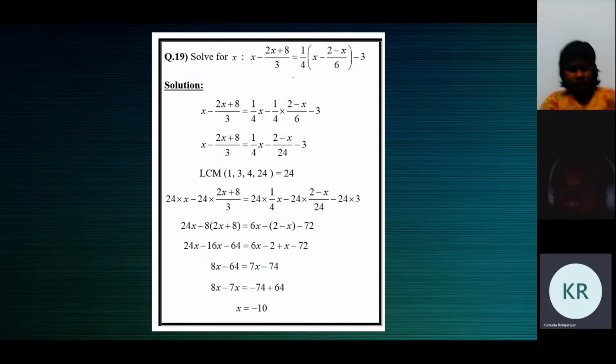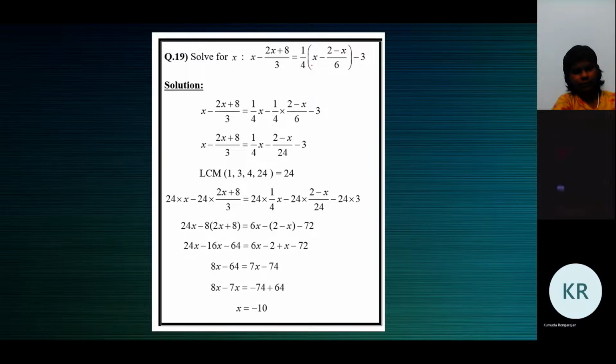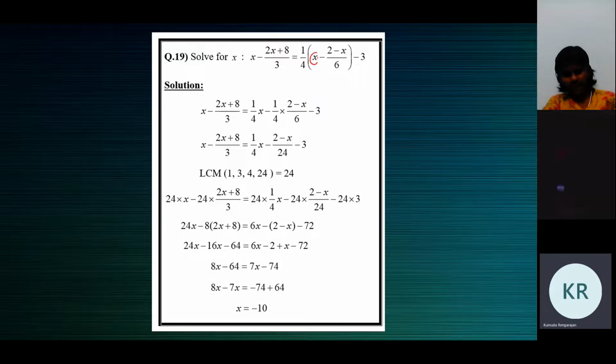So here also on the right hand side, we have two terms. See here, this is one term, minus, this is the other term. We have two terms inside the bracket, and outside the bracket, we have a number 1/4. There we had a sign minus. Here it's a number 1/4. In the bracket, we have x and we have 2 minus x by 6.